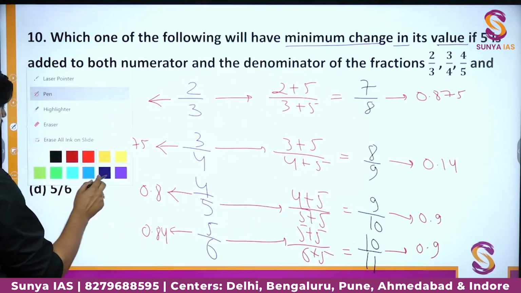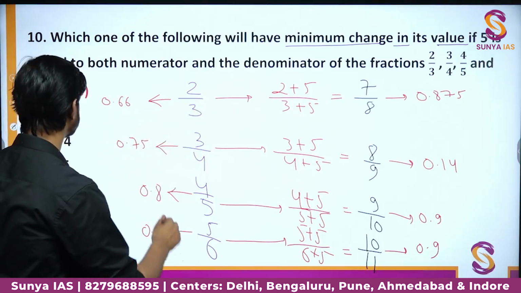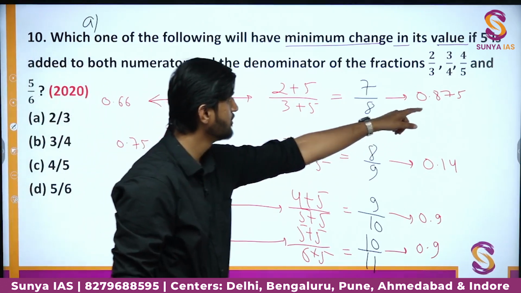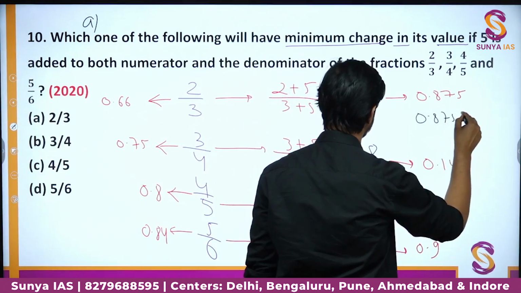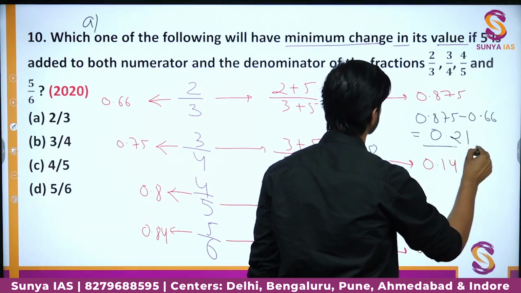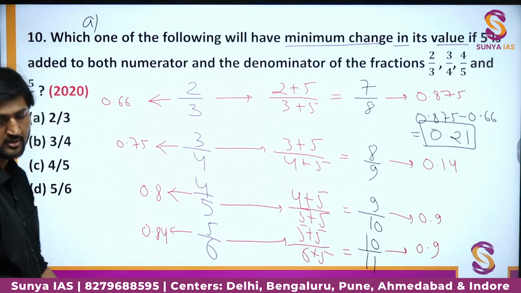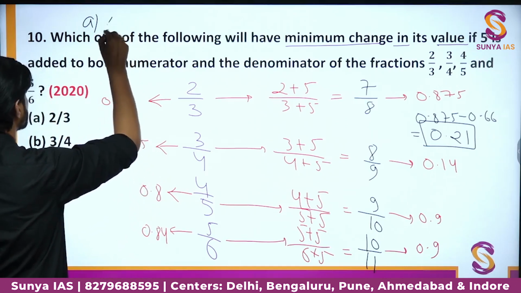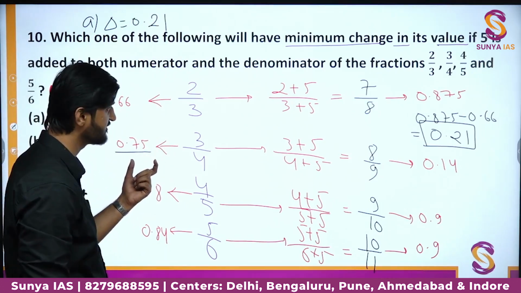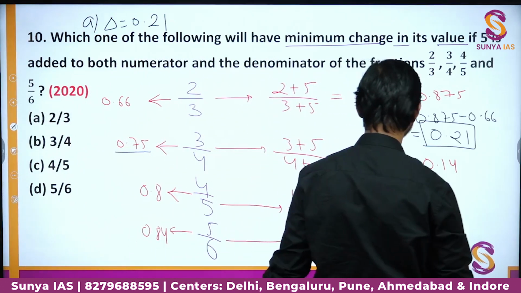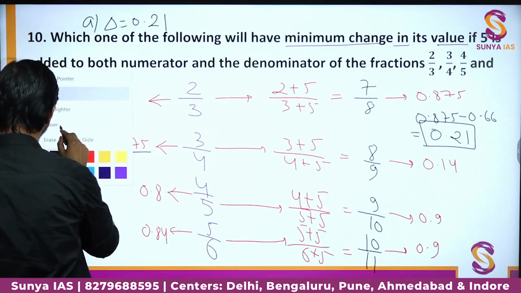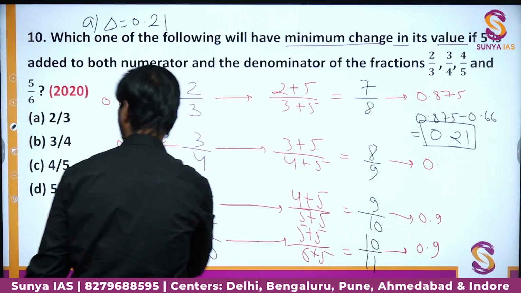Okay. So, overall we can say here the change in value is, for the first case, for option A, let me write it somewhere else. For option A, the change in value is 0.875 minus 0.66, which is coming out to be around 0.21 or something, right. It is coming in the order of 0.21. So, for option A, the difference is nothing but 0.21. When we talk about option B, it becomes 0.75 minus, it is not 0.14, I guess, it is 0.89, just a correction, this value is coming out to be 0.89.